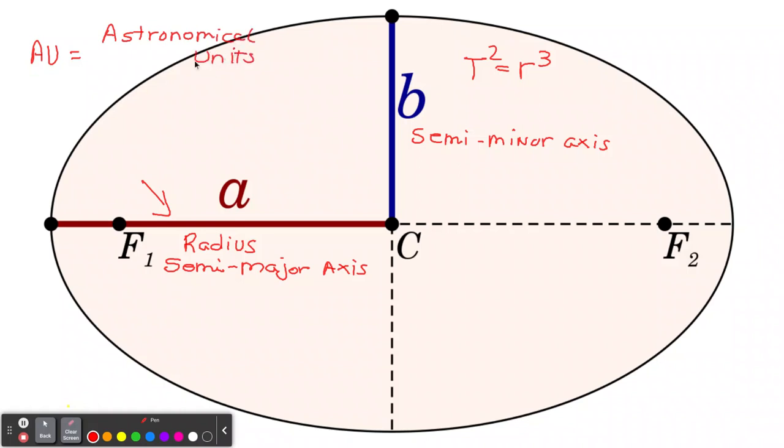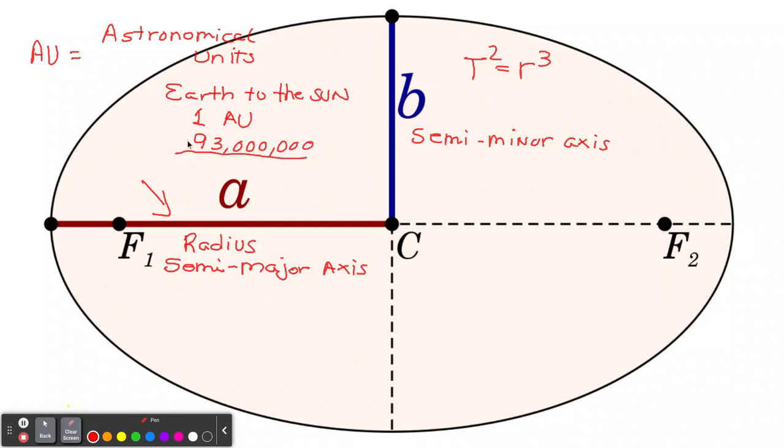And it's centered around the sun and Earth. In other words, how far Earth is from the sun. And we say that Earth to the sun, the radius, is 1 AU, which is about 93 million miles.